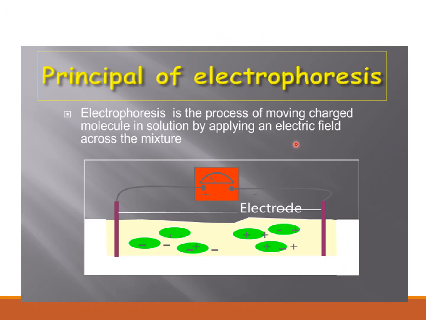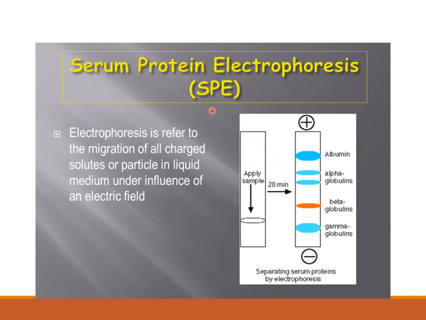The principle of electrophoresis is a process of moving charged molecules in a solution by applying an electric field across a mixture. Mostly proteins will be traveling from negative to positive, cathode to anode. You have to draw this diagram when writing about electrophoresis. These are the five different bands: albumin, alpha globulins, alpha 1 and alpha 2, beta globulins, and at last gamma globulins.